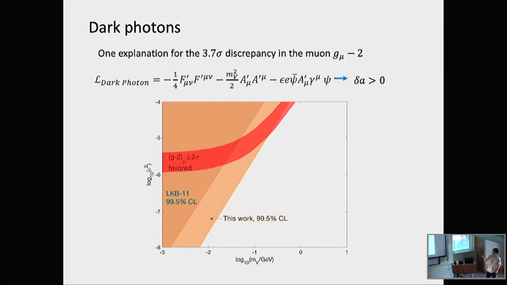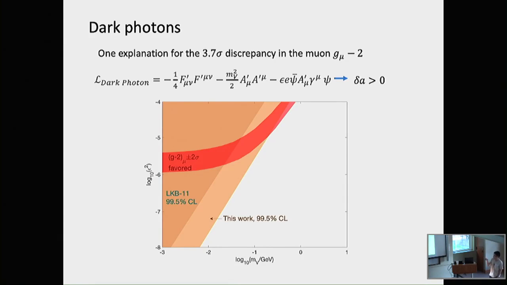Here is the parameter space of the dark photon. This band is where the dark photon can explain the muon g-2 anomaly. Actually, before our measurement, the measurement from LKB was already in contradiction with this dark photon explanation and could rule out the dark photon at 99.5% confidence level.